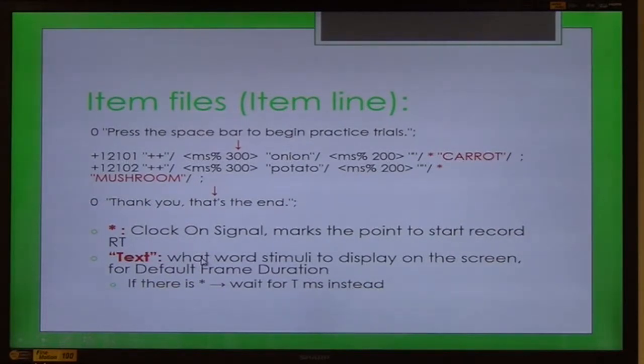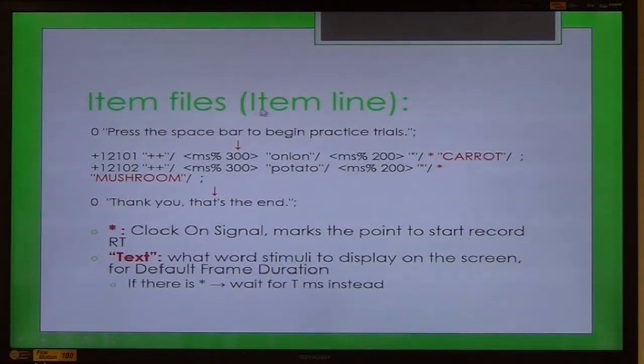Remember, when you want to present text in a frame, you just type your text directly with two colons here. And also you can see an asterisk in this frame, right? So this is a clock-on signal. That means you are telling the program that when the word carrot starts to show up, it will record the reaction time of your subject.